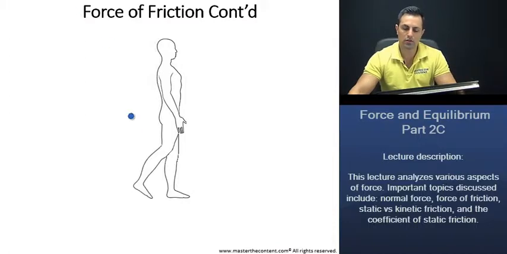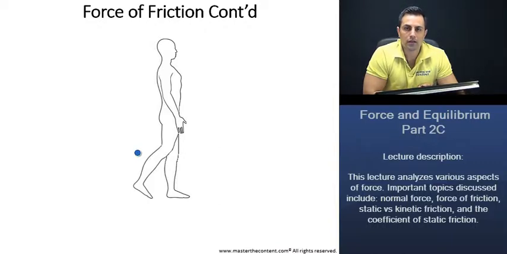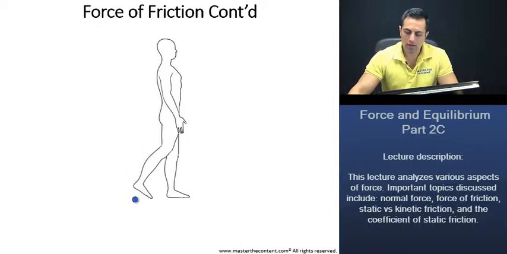Okay, now, up to this point, we've been taking a look at friction as it brings an object to rest. But now we're going to see how friction is actually needed for us to walk. Looking at our diagram here, more specifically, it's static friction between your foot and the ground that's needed for you to walk.